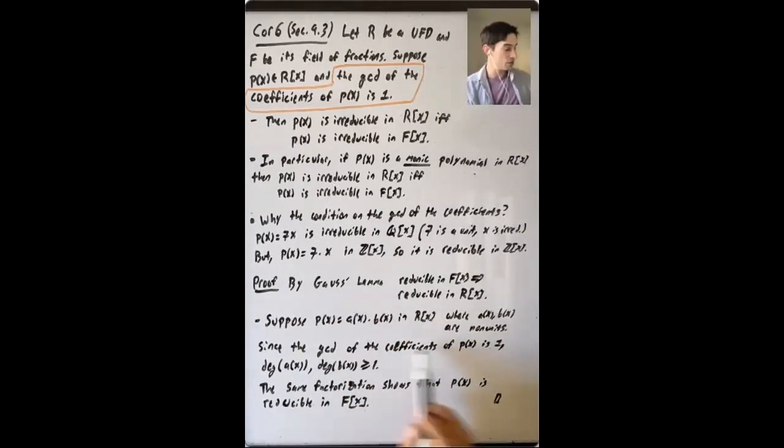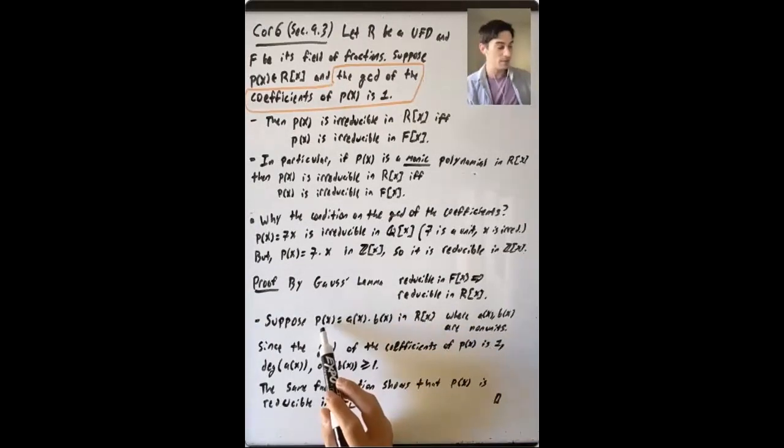Because of this GCD condition on the coefficients, we know that doesn't happen. So A of X and B of X have degree at least 1, which means they don't become units when considered as elements in F[X]. So this is a factorization in F[X] that shows that P of X is reducible in F[X], because it's a product of two non-zero non-units in F[X]. So the same factorization shows that P of X is reducible in F[X], and that's the end of the proof.